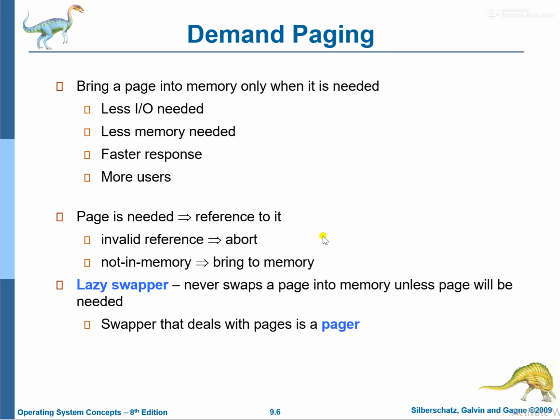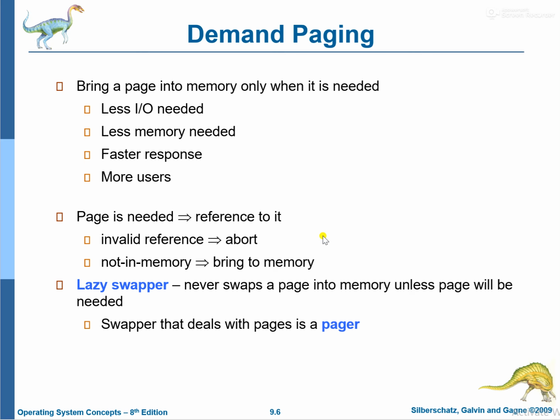Loading the complete program into memory results in loading the executable code for all the options. There may be some options that are never selected by the user, so loading the code for those options into memory is just a wastage of main memory. So in demand paging, we load pages only as they are needed.